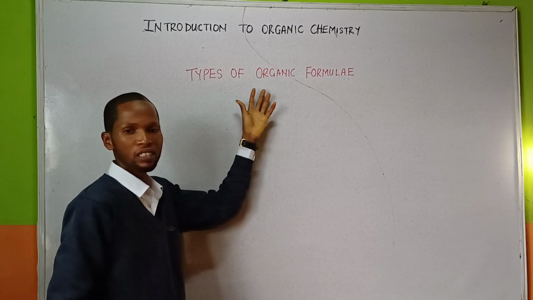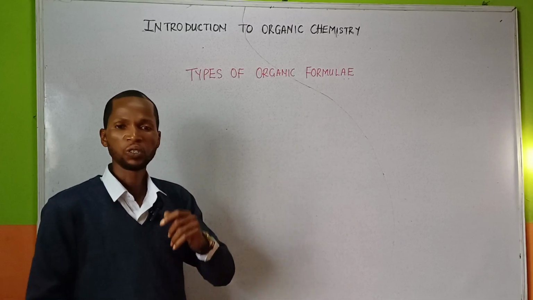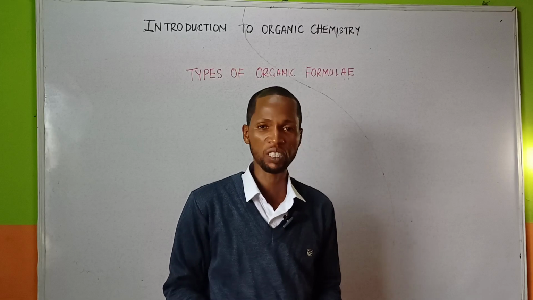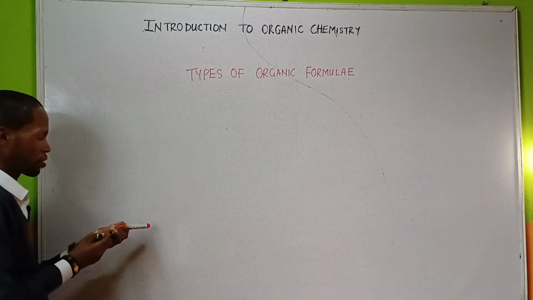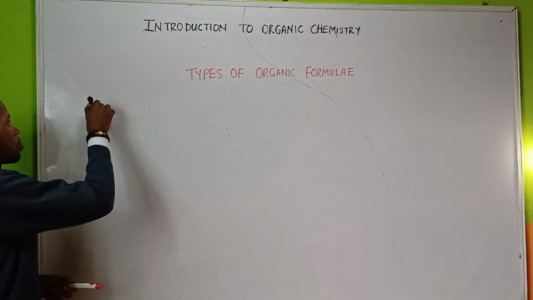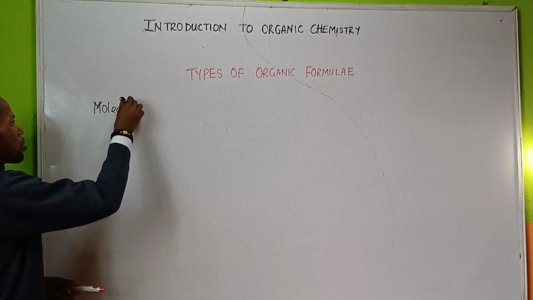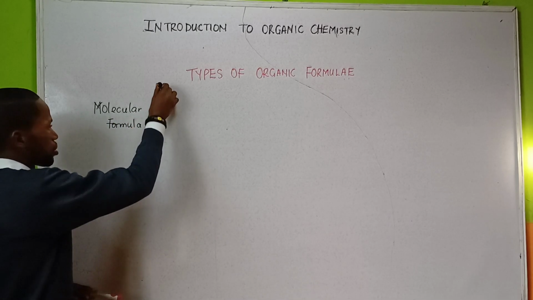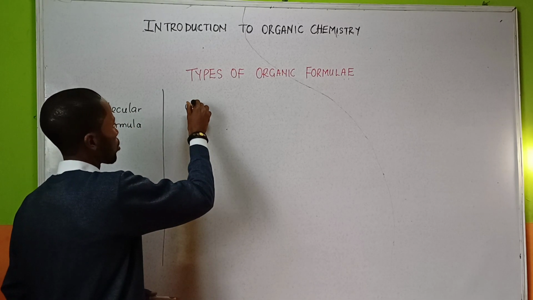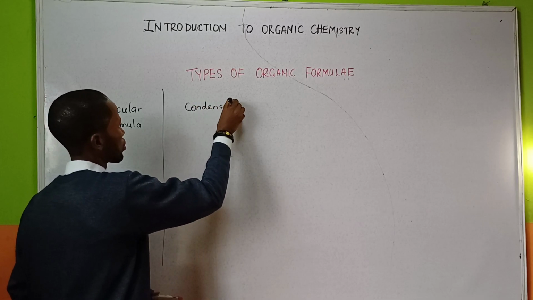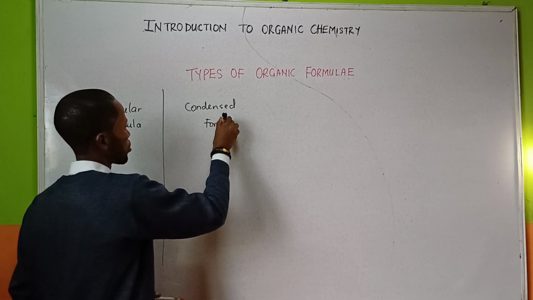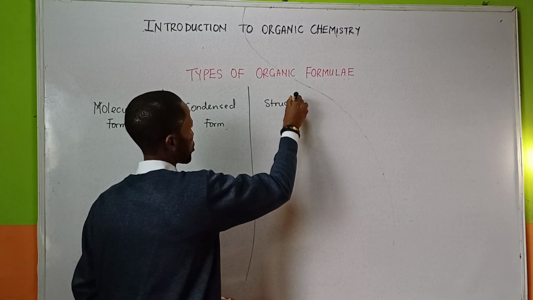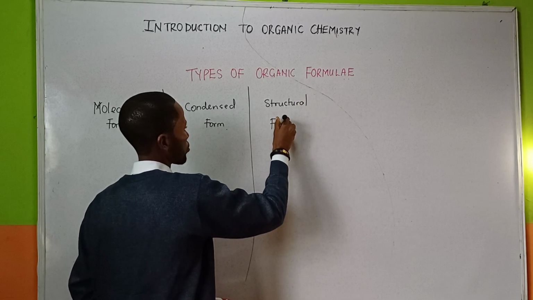Types of organic formula. Note that organic compounds can be expressed in different forms or formula, which include the molecular formula, condensed formula, structural formula.